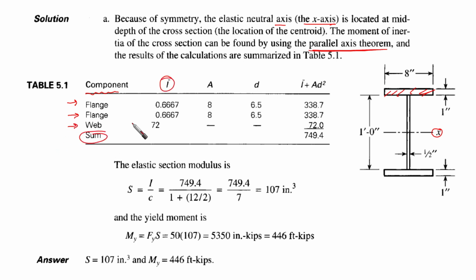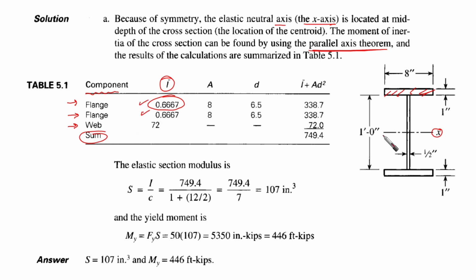So this is the inertia of each item, which for the flange, for example, is going to be 0.667. You can check it by yourself. We have the width and the depth, so it is going to be 8 times 1 to the power 3 over 12. You are going to find it for the upper and lower flange. They are the same.